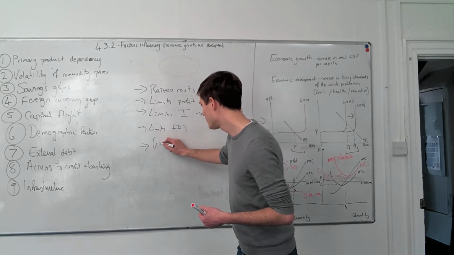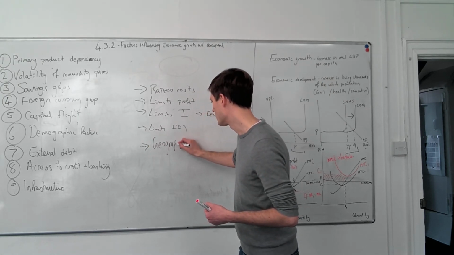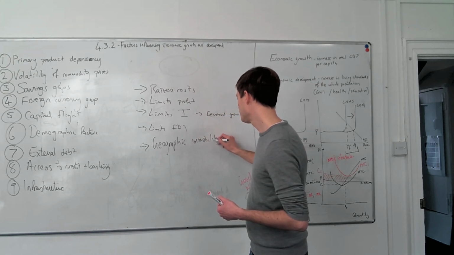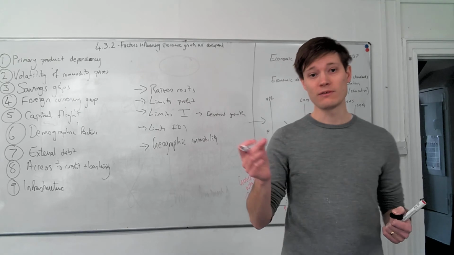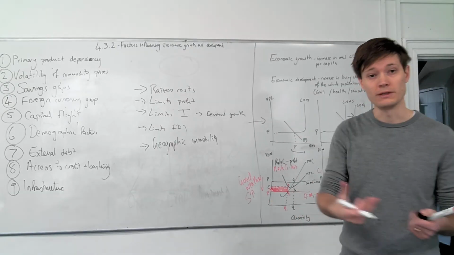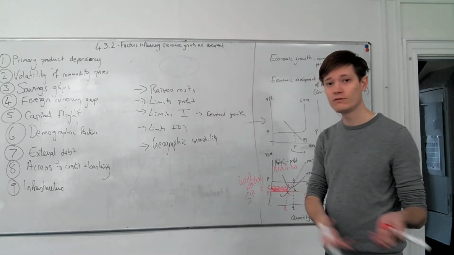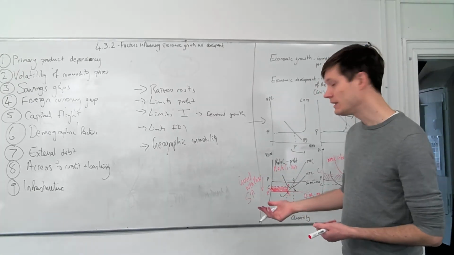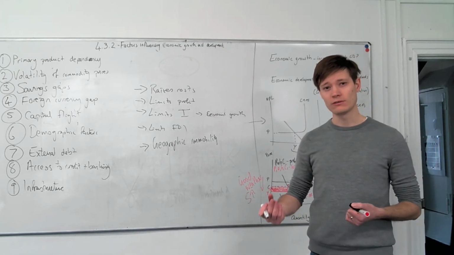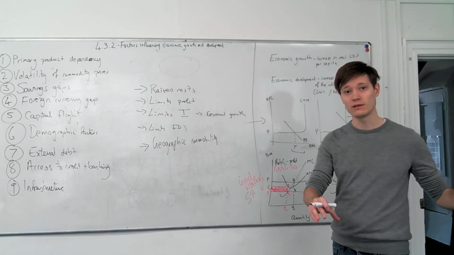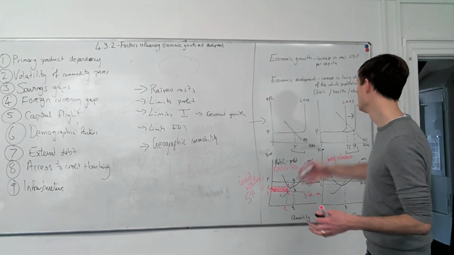Finally, you're going to create an issue in the labour market. You're going to see geographic immobility. Geographic immobility being the fact that people in the countryside, because there's no roads, probably no broadband or internet, can't move to the cities or they can't work online. Meaning that you have low wage rates in the rural areas, high wage rates in the cities, and significant inequality.